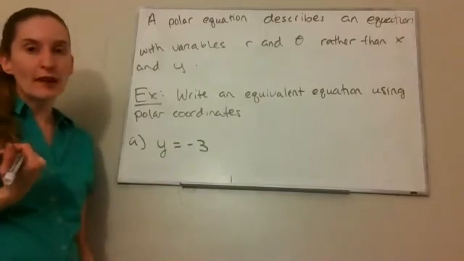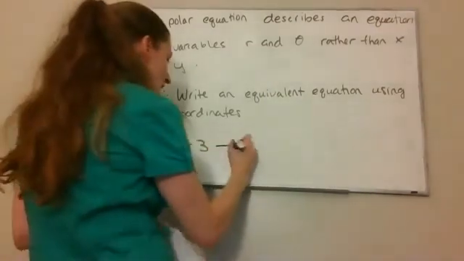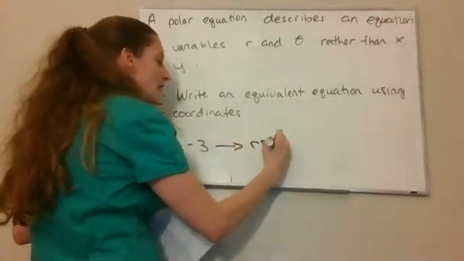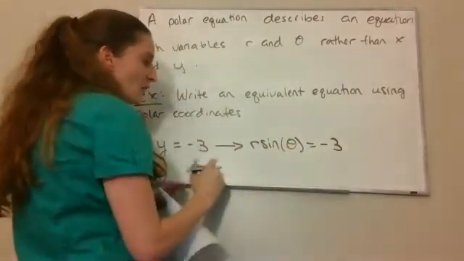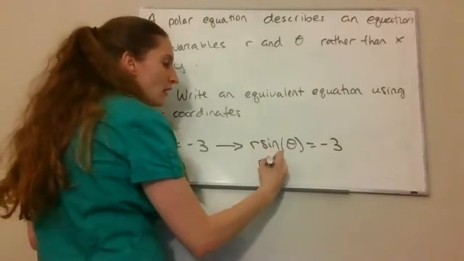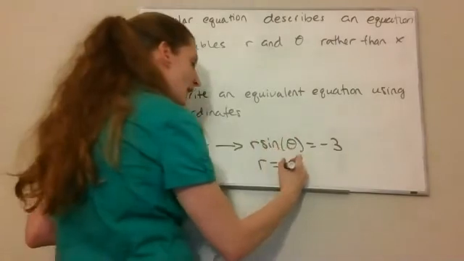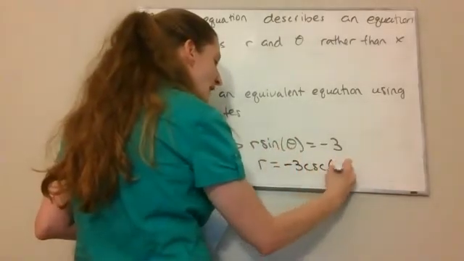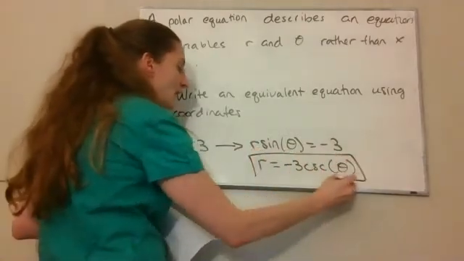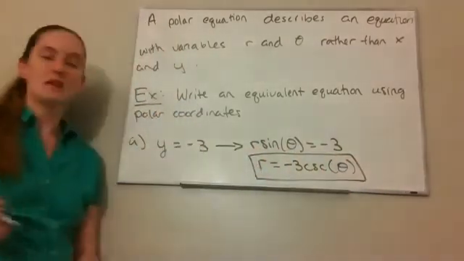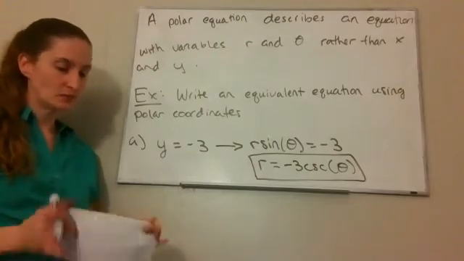But we know from converting our points, y is equal to r sine theta. So this tells me r sine theta equals -3. If I solve that for r, I get r equals -3 over sine theta, which is the same thing as -3 cosecant of theta. And that is the polar equation that's equivalent to y equals -3.